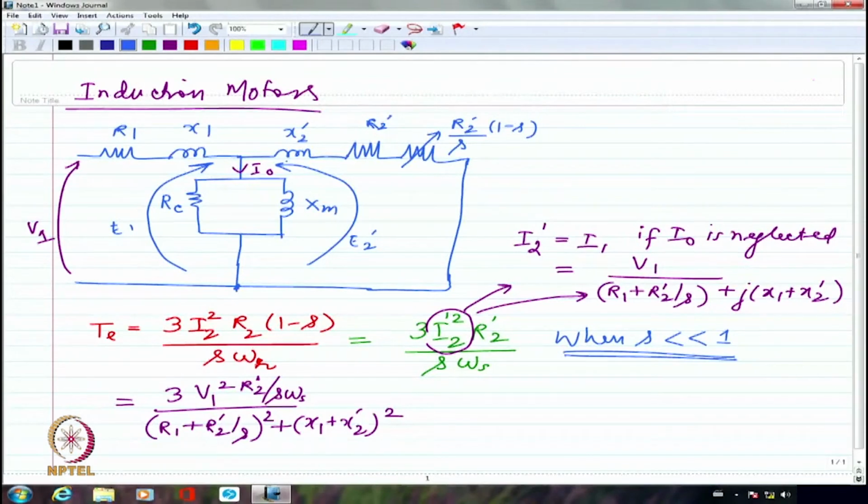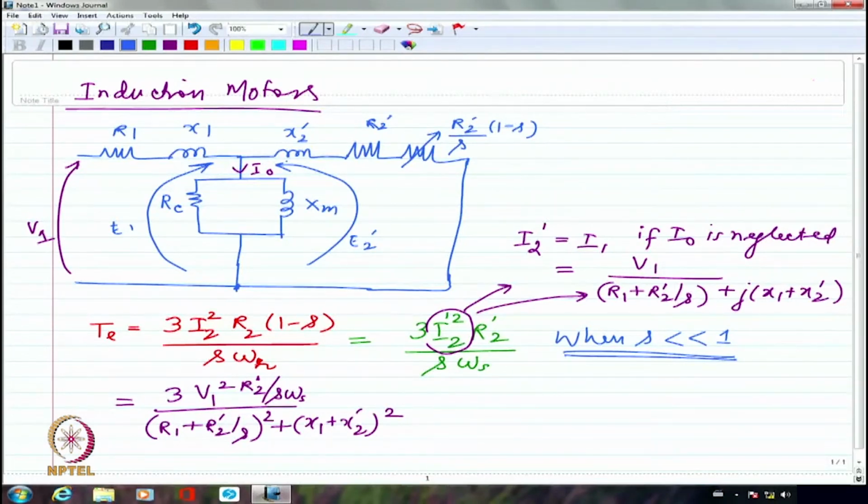If I say 100 watts are coming into the rotor, I may have only 4 or 5% being dissipated as rotor resistance loss. So I'm going to have almost 95% being converted into mechanical output, which means the slip is only about 5% or even less. That's the reason why slip is normally much less than 1, which corresponds to the normal operating region of the induction motor.